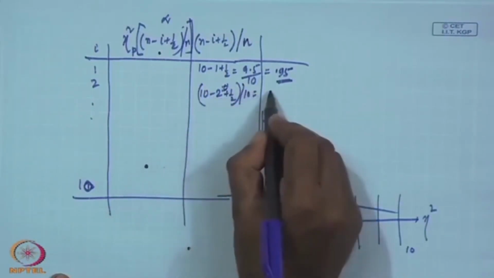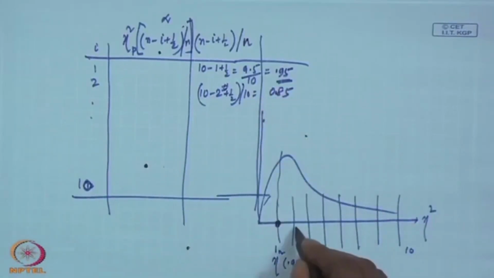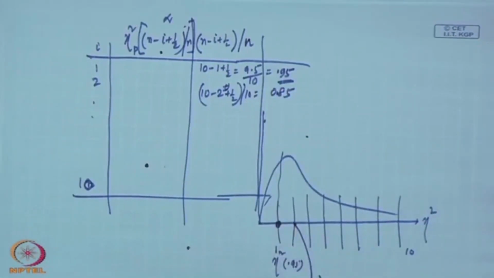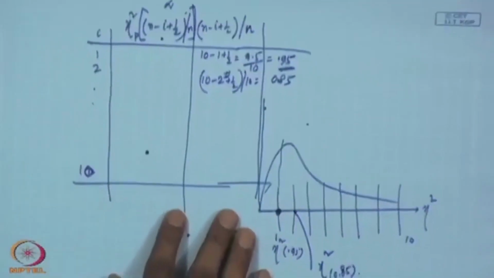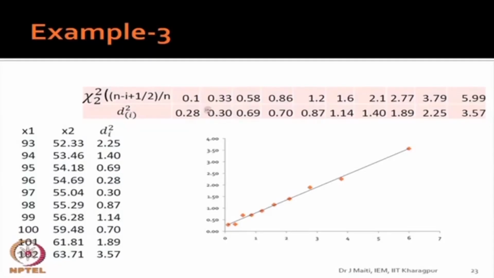This will be 8.5, meaning 0.85. So, your second value you find out for chi-square 0.85. Chi-square 0.85 is 0.33. The third one will be 0.75, 0.58, then 0.65, chi-square 0.65, 0.86. So, like this.